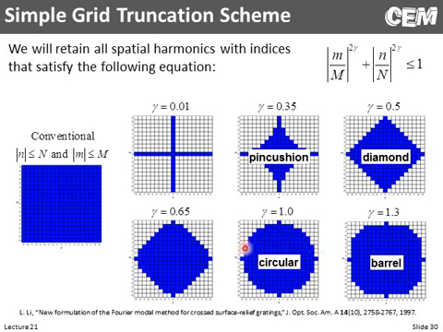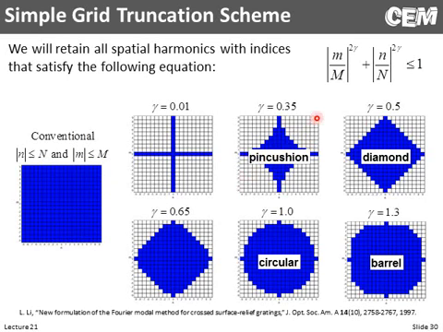Now maybe you have some a priori knowledge about which of the spatial harmonics really have energy in them, and we can choose this arbitrarily. This equation gives us some flexibility. We can look at pincushion type shapes, where this boundary is curved inward, and here we have better resolution along the x and y axes than we have along the diagonal.